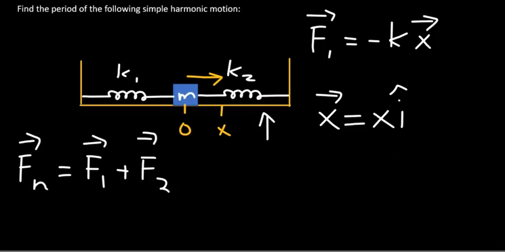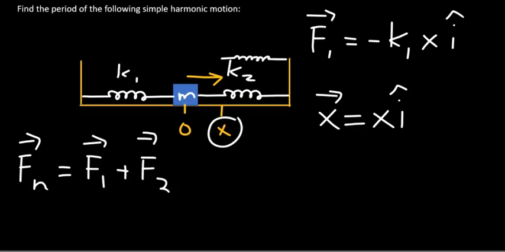Let's not forget the spring constant of spring 1 is K1. So putting everything together, the force due to spring 1 on mass M is minus K1 x i hat. What happens to spring 2? Spring 2 will get compressed by the same amount. So the force it exerts on mass M will also be going leftward.